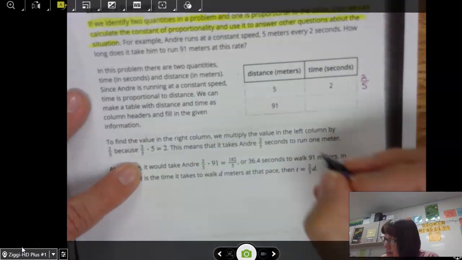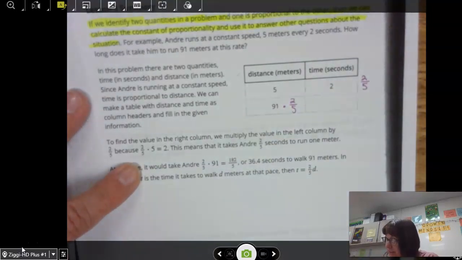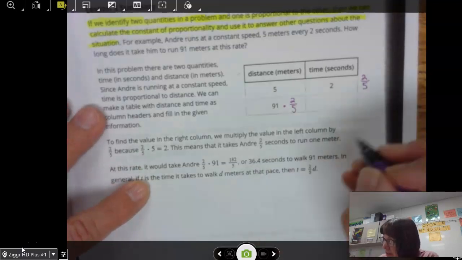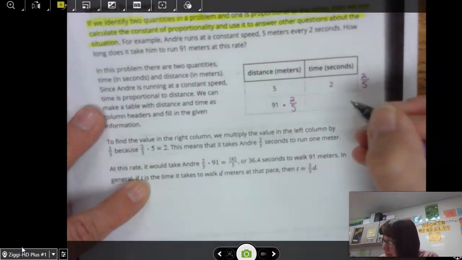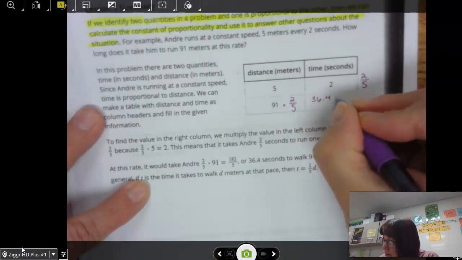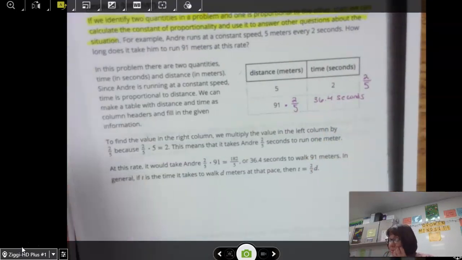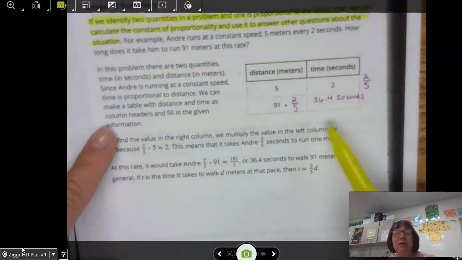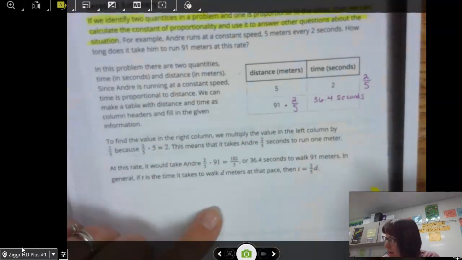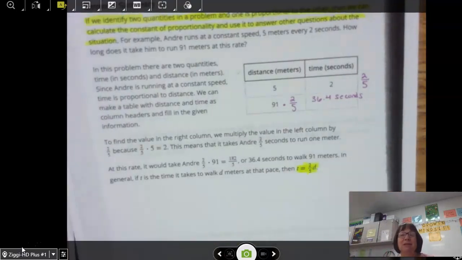And if I take 91 times 2/5, I can figure out that it would take him 36.4 seconds to run the 91 meters, approximately. And if we wanted to write this as an equation, remember y is time, so we have time equals the constant, which was 2/5, times the distance.